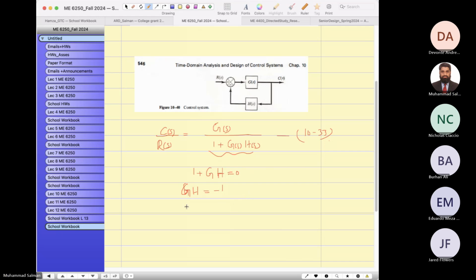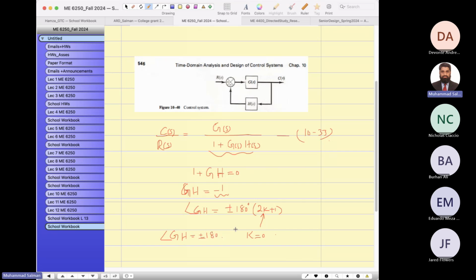and the angle of GH, what is the angle of -1? It is 180 degrees. We call this plus minus 180 degrees. So I'm going to write down plus minus 180 degrees, but it could be a multiple of 180 degrees, like k. If I plug in k equals 0, then angle GH would be equal to plus minus 180.